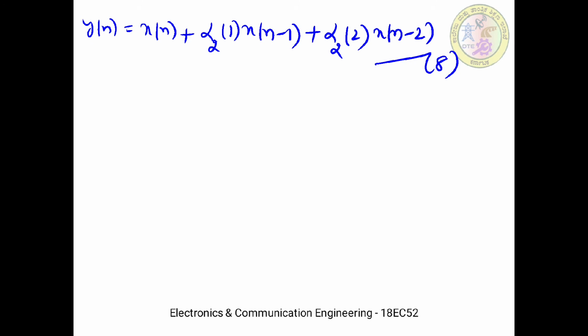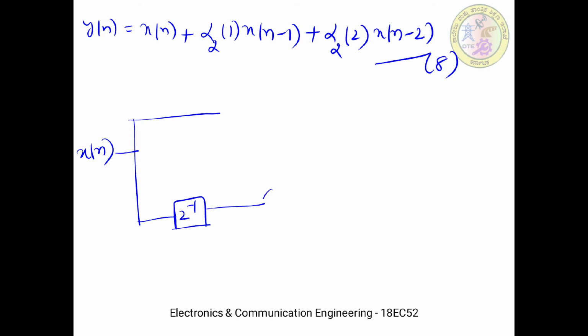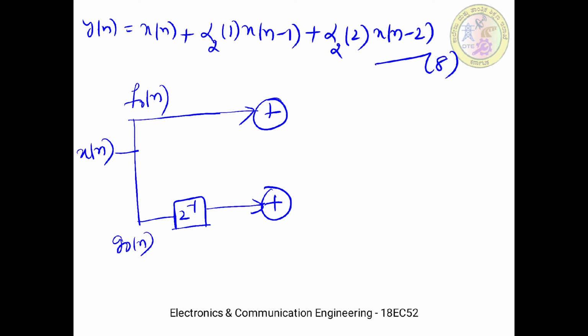Again here it starts with the x of n, we have z inverse, this is the first part. The z inverse output will go to an adder, similarly this path will also go to an adder. Here we have f naught of n and this is the g naught of n path, and after passing through this delay it will be g naught of n minus 1.